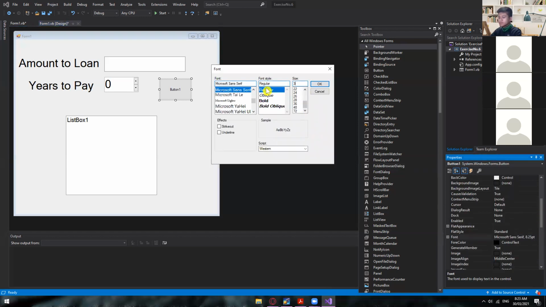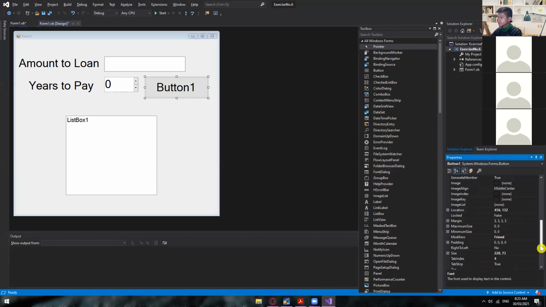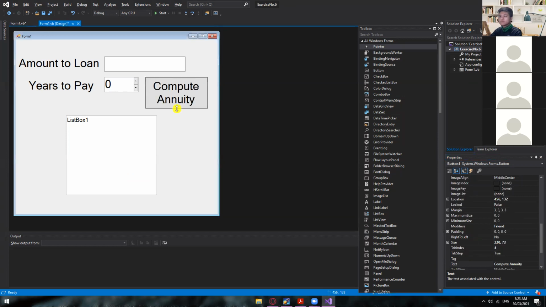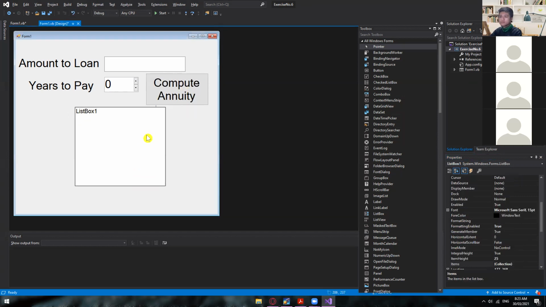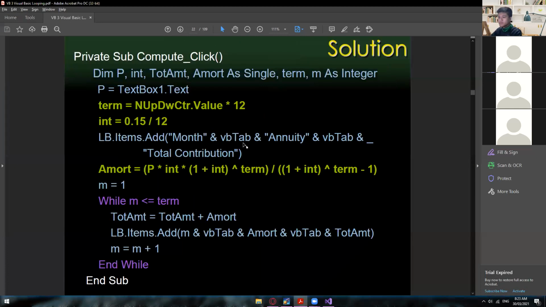This button to size 30. Compute annuity. All right, and this is where we're going to put the code.